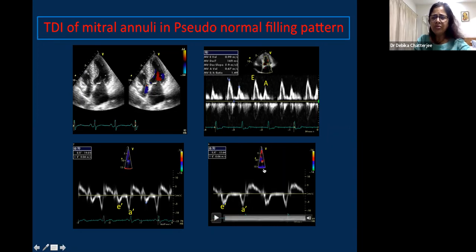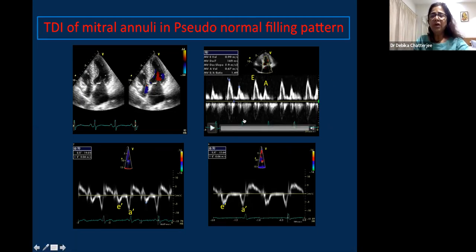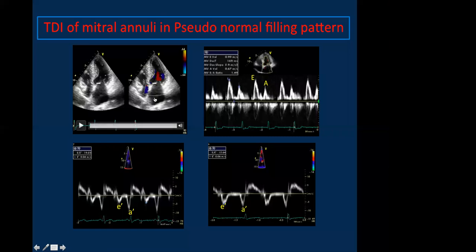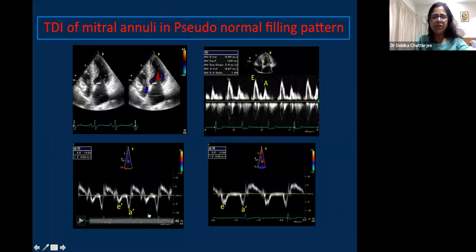So also in the lateral annulus, E prime is less than the A prime. So tissue Doppler imaging will never let you down. The pulse wave Doppler will give you the masked information when E wave is more than A wave, though the patient is having diastolic dysfunction. But the tissue Doppler gives the true image where E prime is less than the A prime.